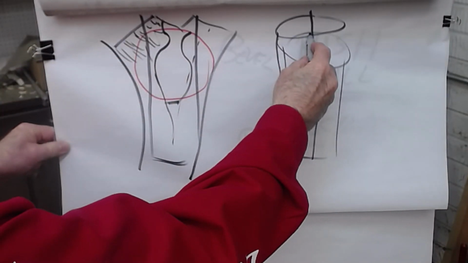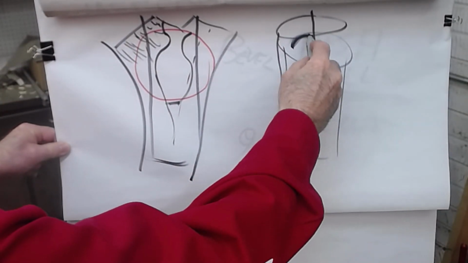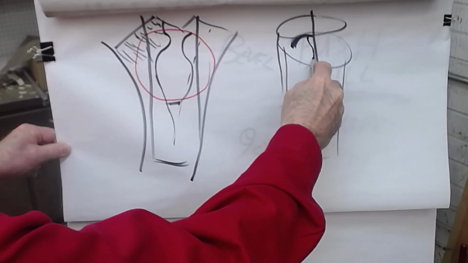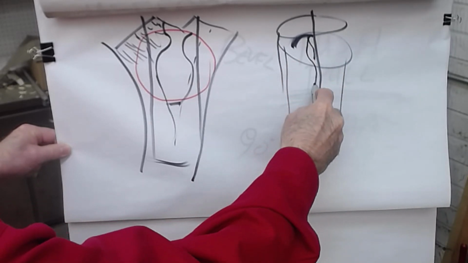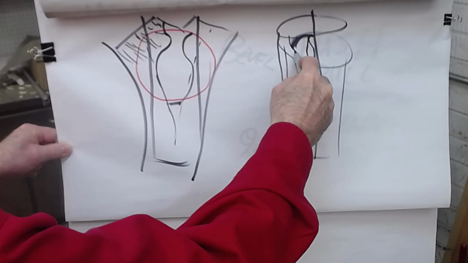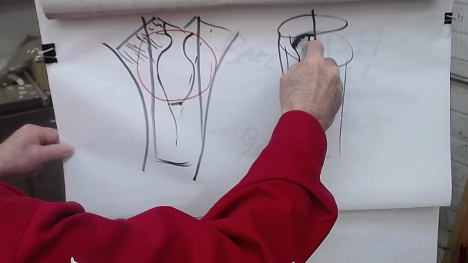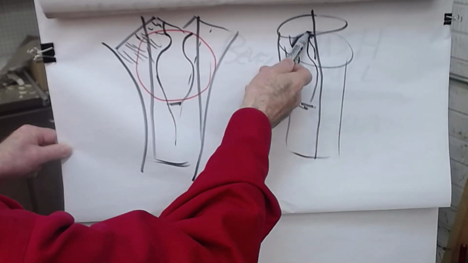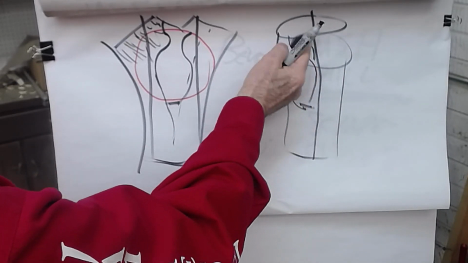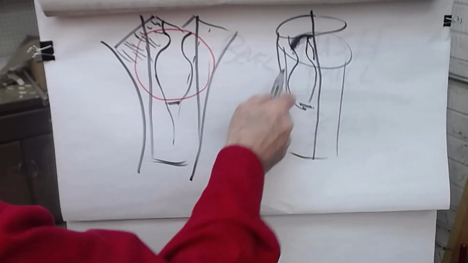So the natural edge would be in here. Not drawn very well here. Okay, natural edge would be in here where the middle of those two branches come together.